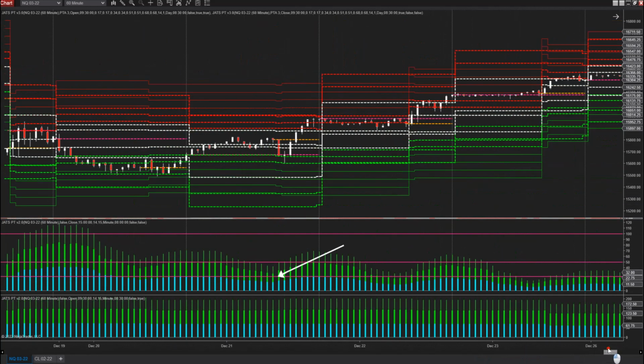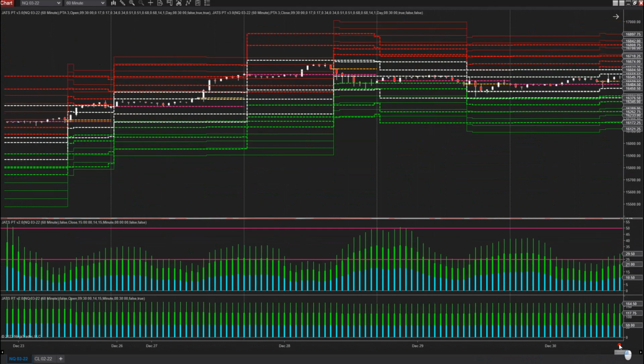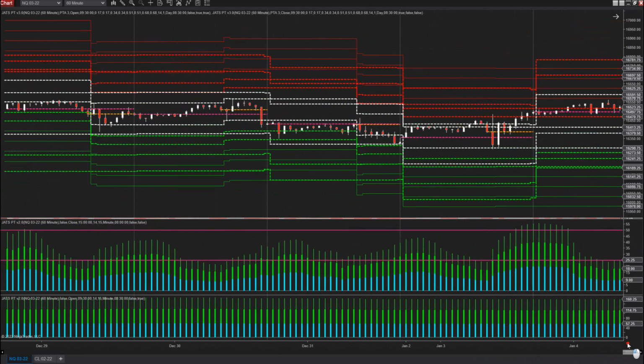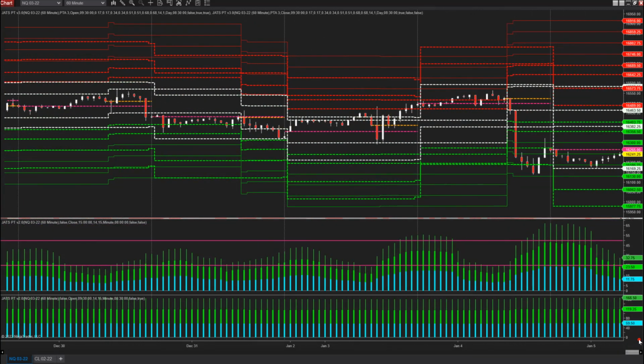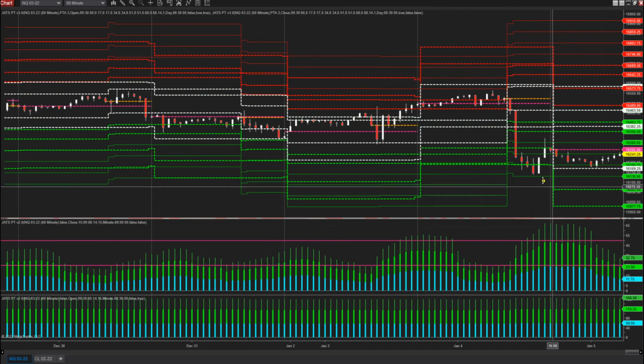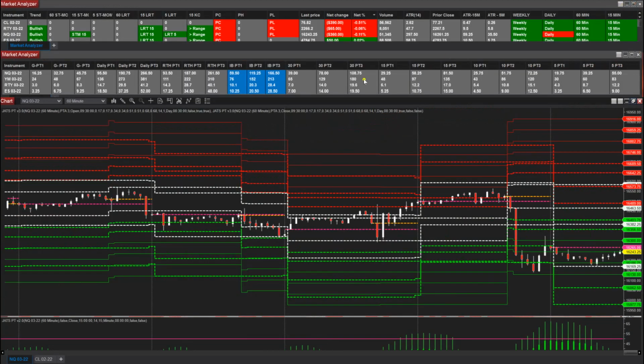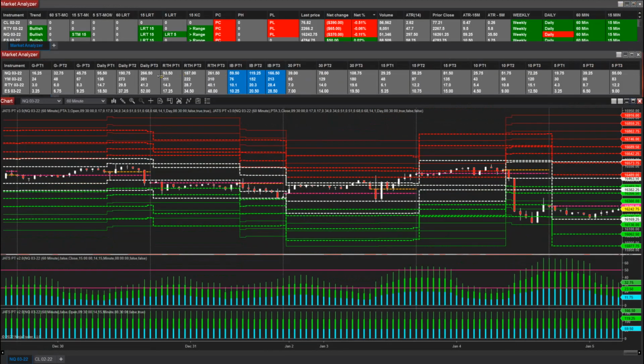And so we can understand, just using these ranges, to guesstimate where we are and where price might be heading based on actual, real volatility, not fake volatility, not implied volatility, but real volatility.